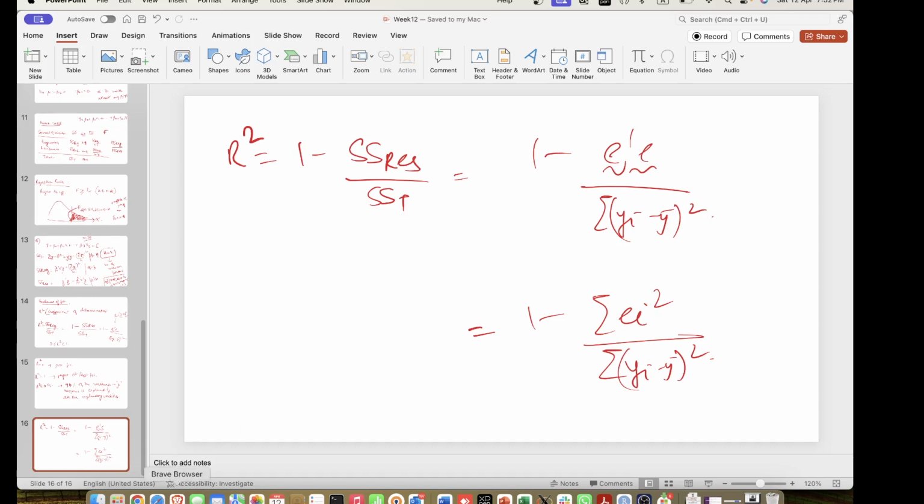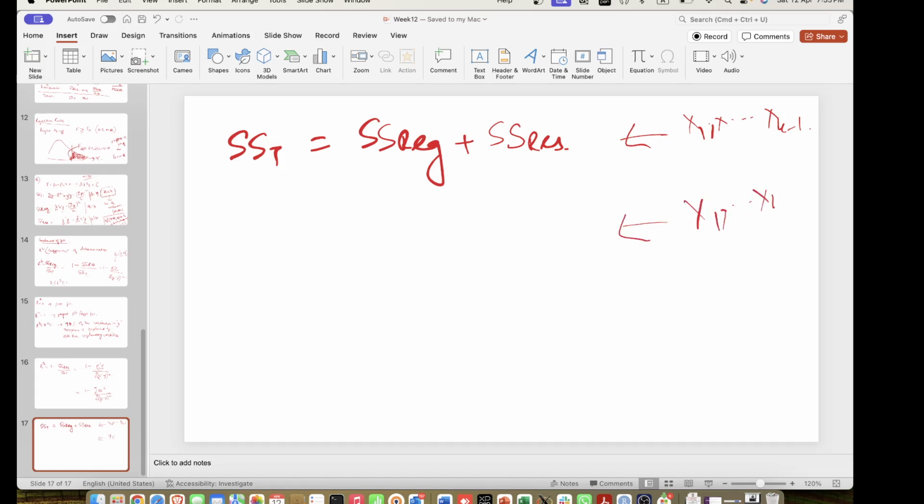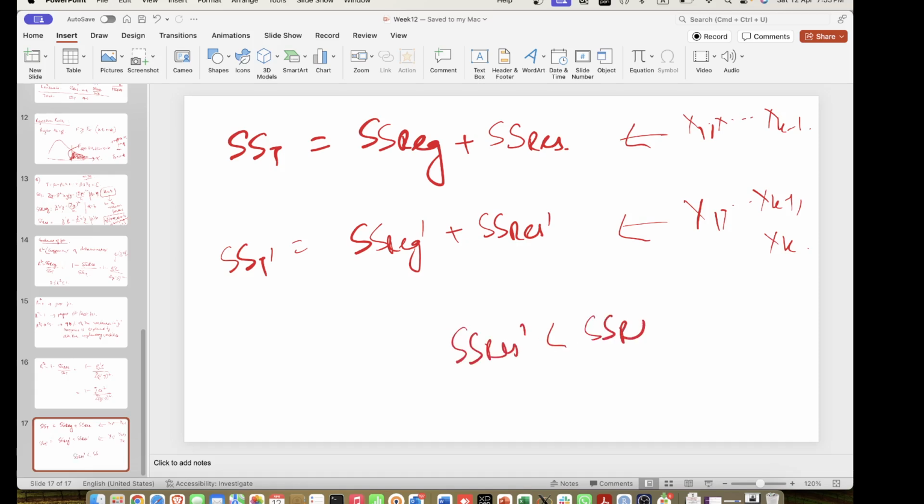What I mean to say is that if this is my partition, SST equals SS due to regression plus SS due to residuals, and in this model I had x1 to xk minus 1, and now I add one more term, xk, then I have SST prime, SS regression prime plus SS res prime, such that SS res prime is less than SS res.